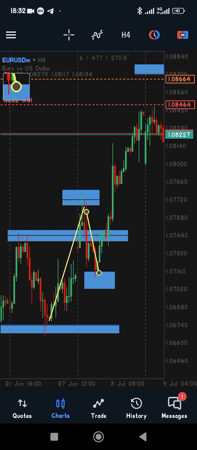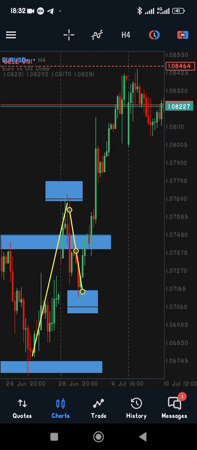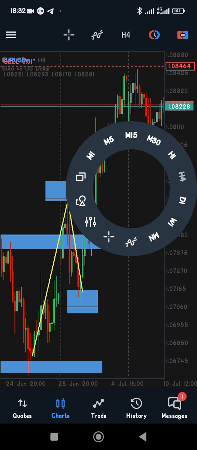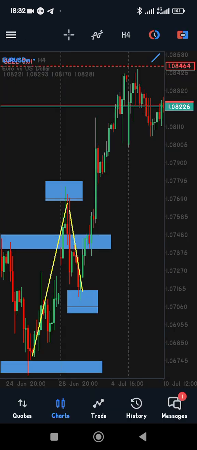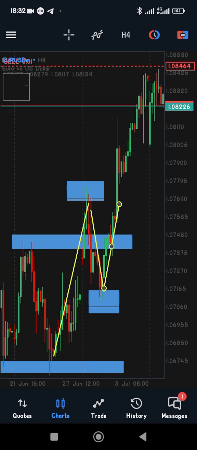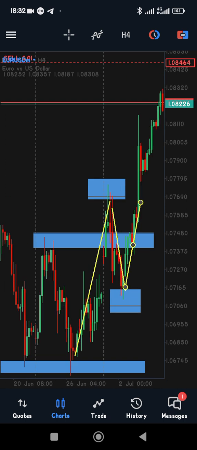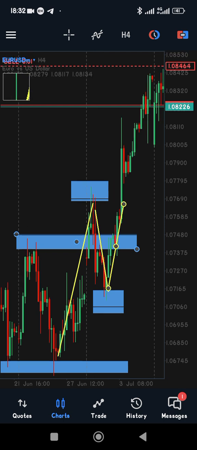So for you to enter this particular trade, you need to wait for price to move up like this one. Move up when it closes above this level. You can call this one also a level right here.